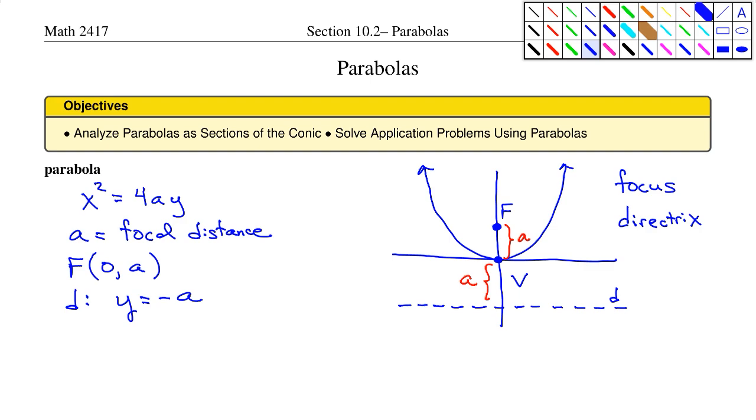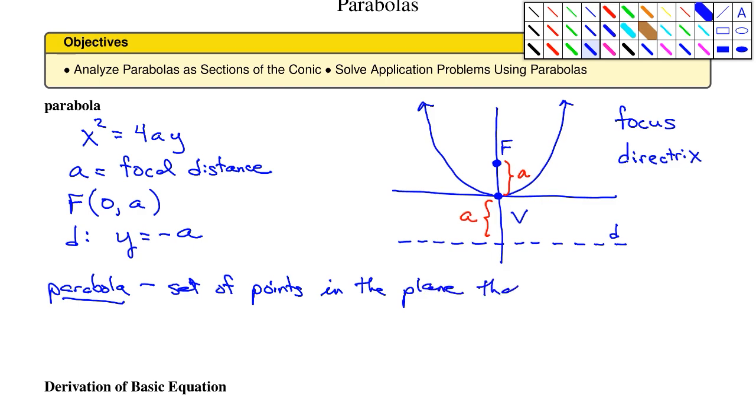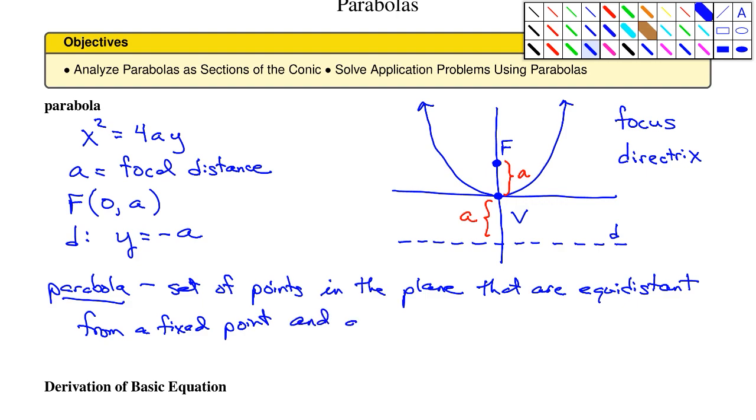What we want to look at now is the technical definition of a parabola. So a parabola is the set of points in the plane that are equidistant from a fixed point and a fixed line.